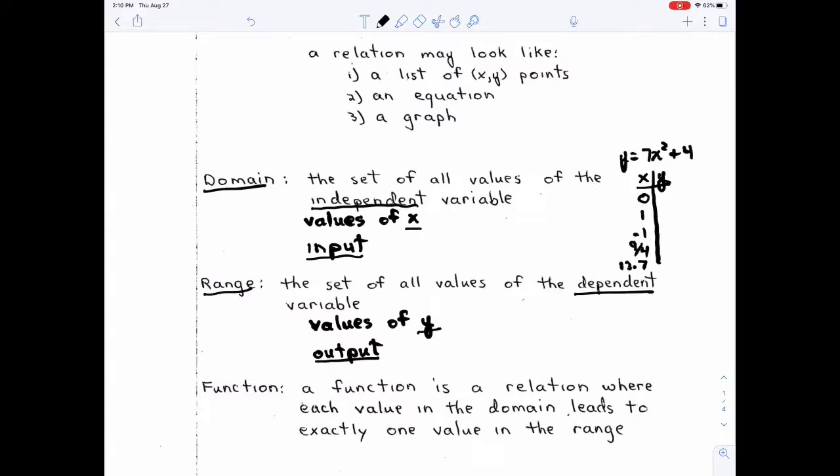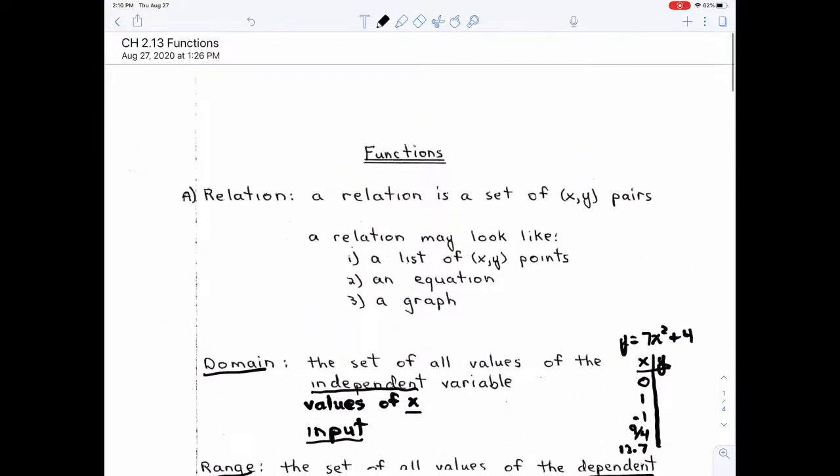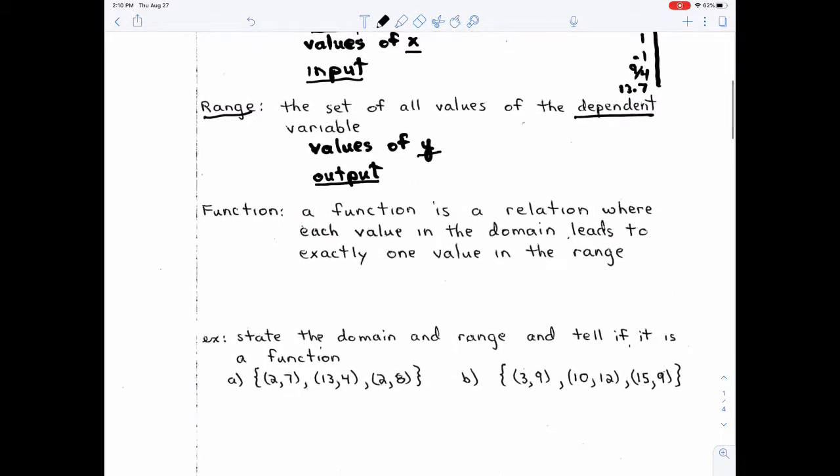That all leads up to the main definition we're interested in here, and that is what a function is. A function is a relation. So again, what's a relation? It's a set of xy pairs. It can look like xy points, an equation, or a graph. It's a relation where each value in the domain leads to exactly one value in the range.